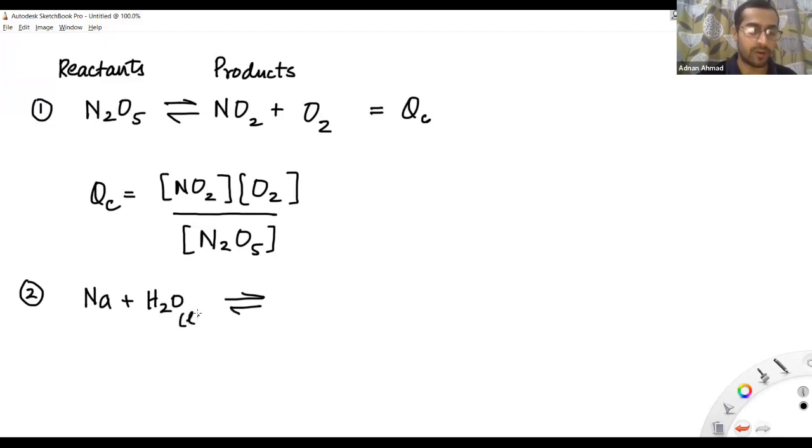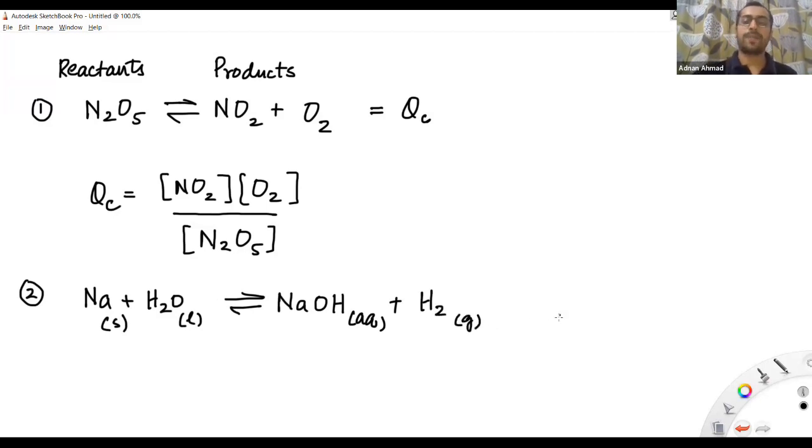Water is in liquid form, and sodium is in a solid state. Then we have NaOH, sodium hydroxide, which is aqueous, plus H2, which is a gas.